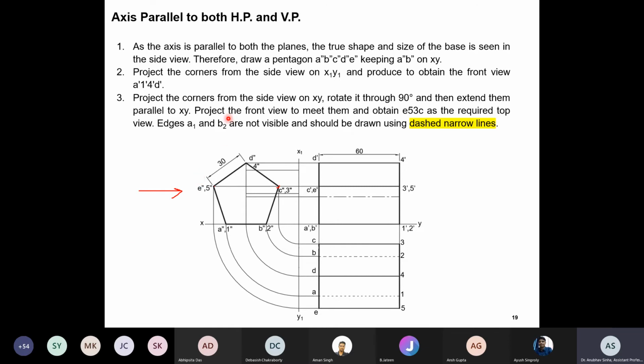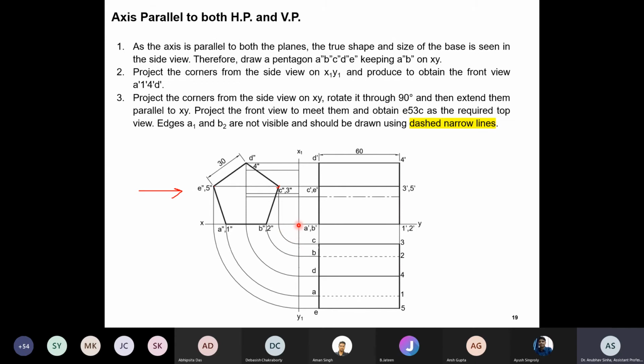Now the next step: I'll project it in the top view. So similarly, take projections and let them meet on the XY axis. Now I want to transfer from here to this plane. So I will take a compass, put the center here, mark a radius of this size and draw an arc.